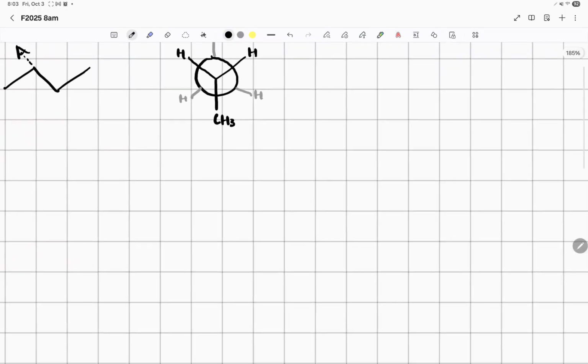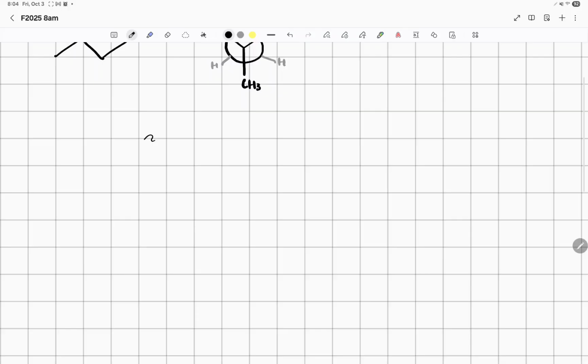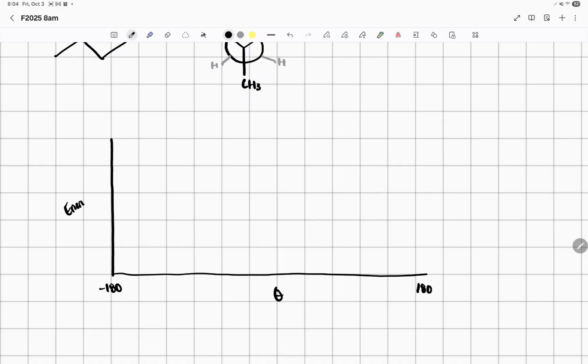So if we were to draw our various orientations, we have our rotation on the x-axis, and we'll go to 180 degrees, negative 180 degrees, and we have energy on the y-axis.